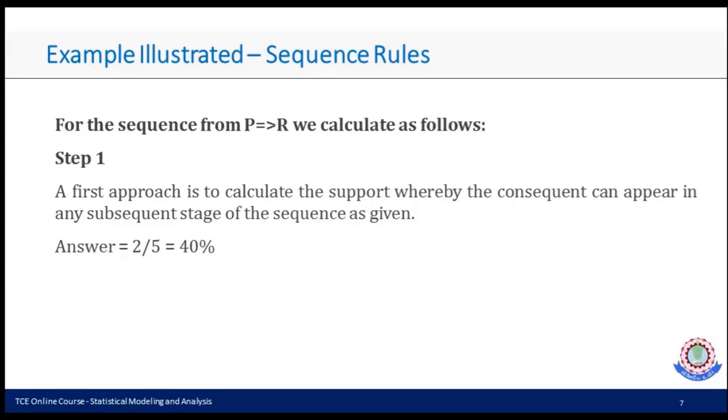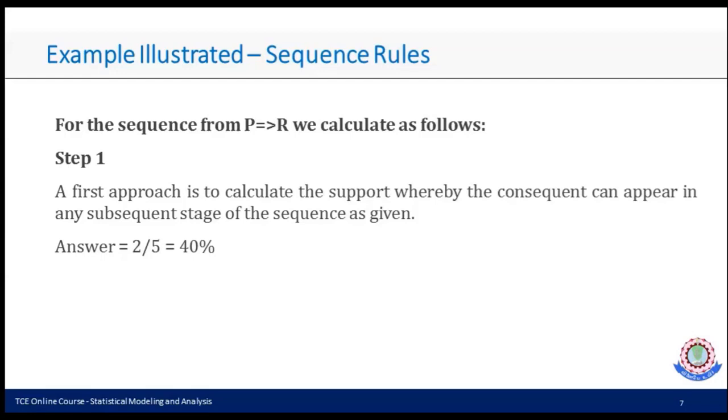The first approach is to calculate the support whereby the consequent can appear at any subsequent stage of the sequence. For the sequence P to R, the consequent can appear at any subsequent stage.